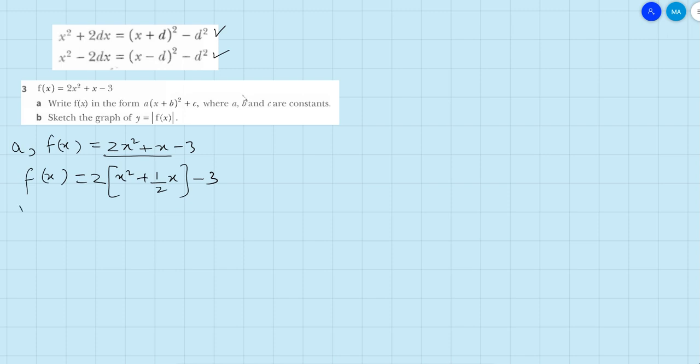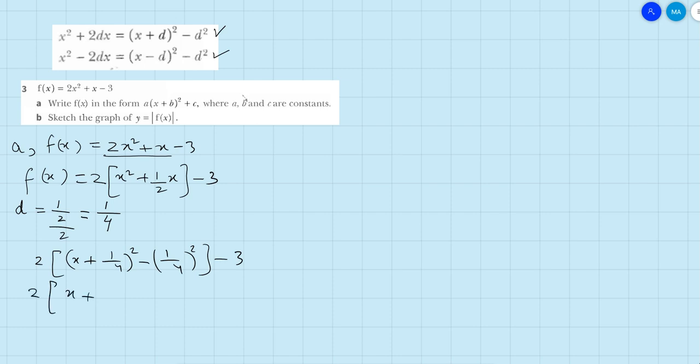First we have to find d. What I told you about how to find d: divide the coefficient of x by 2. Here the coefficient of x is 1 upon 2, and divided by 2 is 1 upon 4. Now apply the formula. 2 multiplied by (x plus 1 upon 4) square minus d square, 1 upon 4 square. This minus 3 remains minus 3.